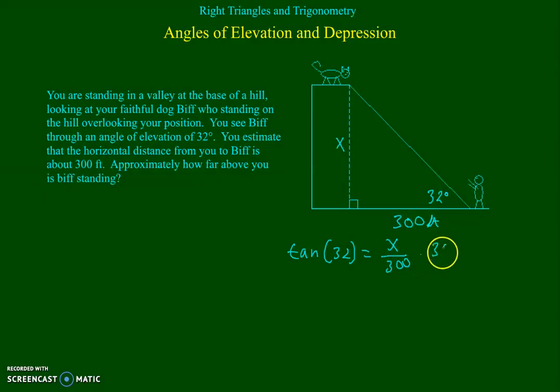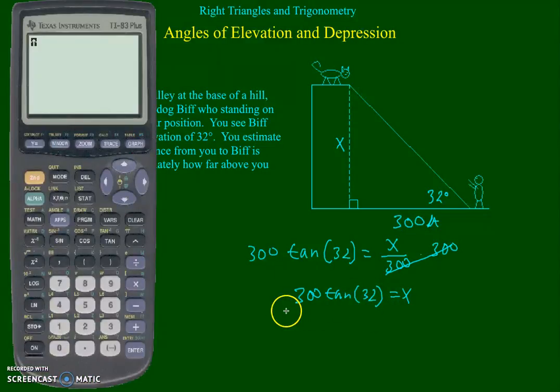Multiply both sides by 300. These go away. And we have 300 tan 32 equals X.